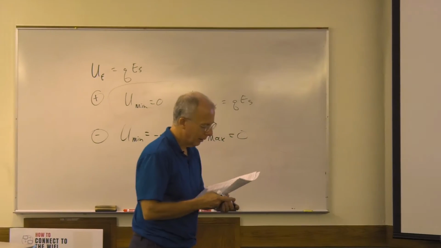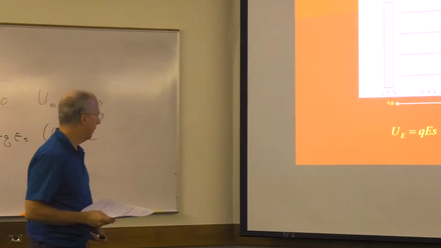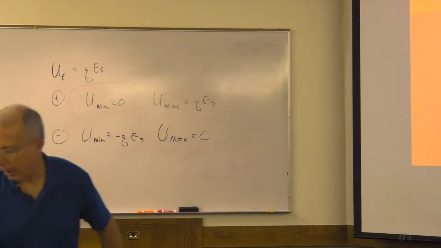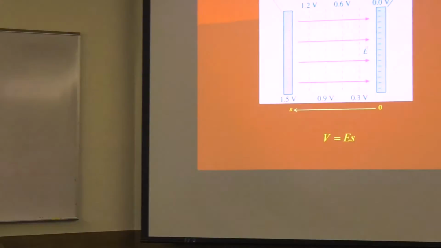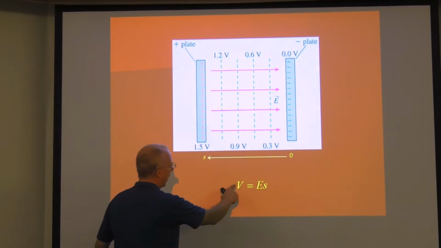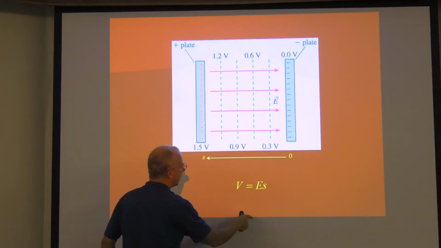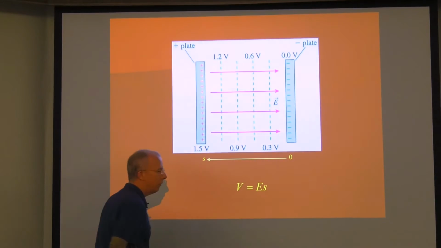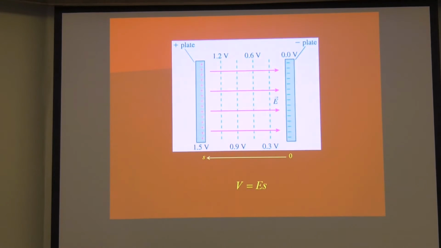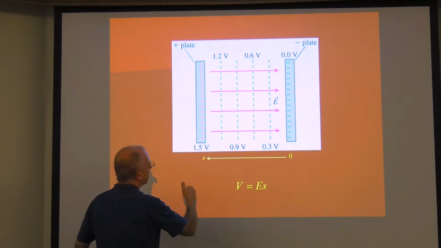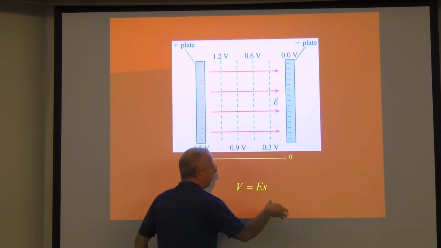Okay, so I just showed you a few minutes ago that the potential inside a capacitor is the constant E field times the distance from the negative charge. So here's a nice example. Let's say we have this connected to a power supply or a battery.